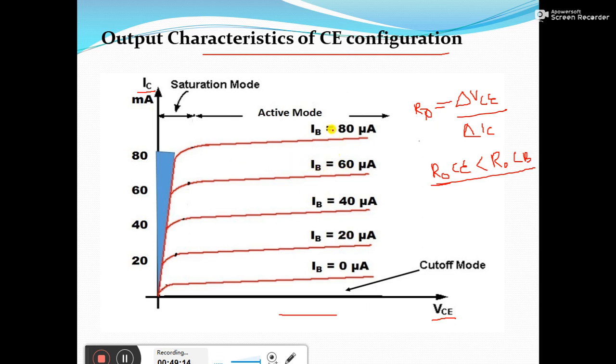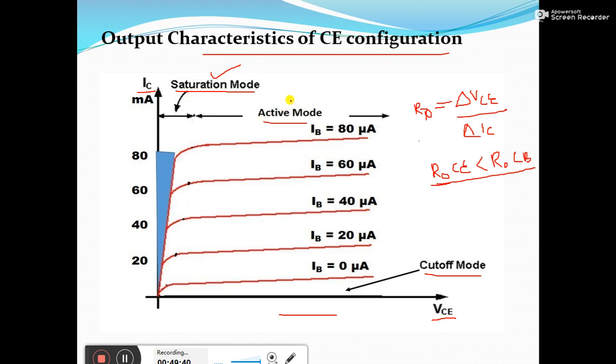Here also the transistor can be operated in three different modes: saturation region, active region, as well as cutoff region. Whenever you want to operate the transistor in saturation mode, you have to make the emitter to base junction as well as the collector to base junction forward biased.